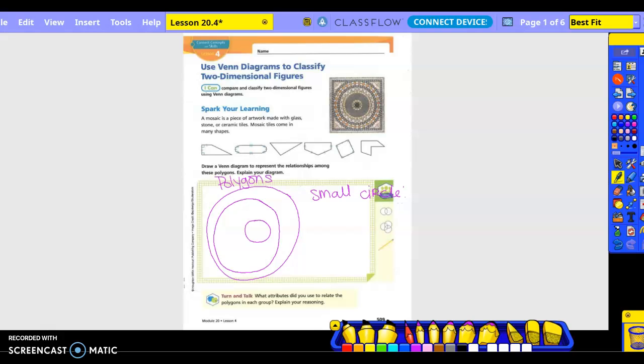So, what is one of those shapes that has only one thing? Look at this one. It has all what? Right angles and all the sides are congruent. So for the small circle, we're going to say all sides congruent.